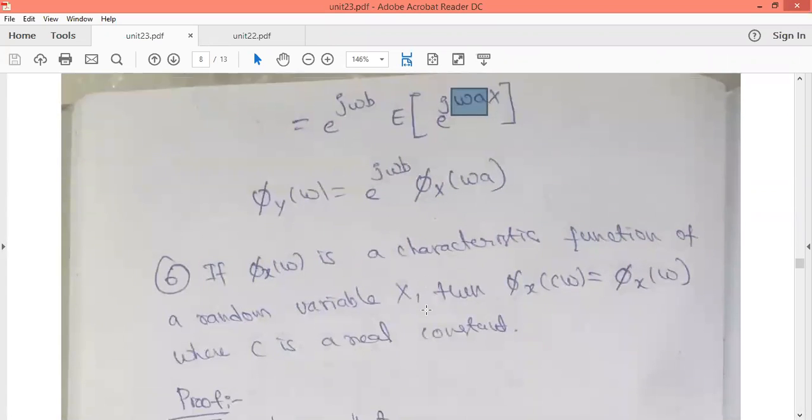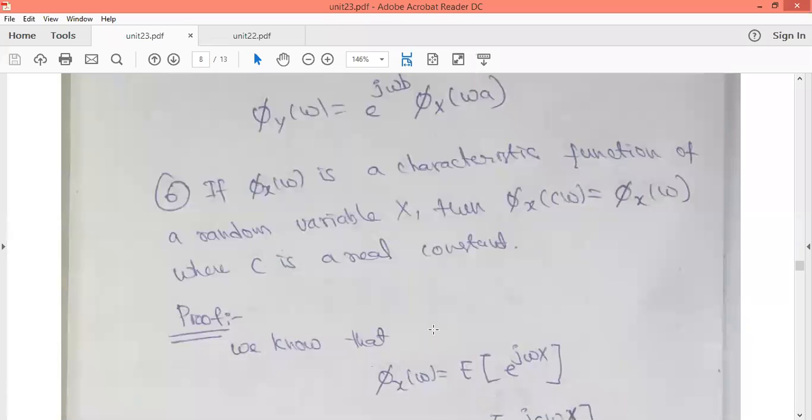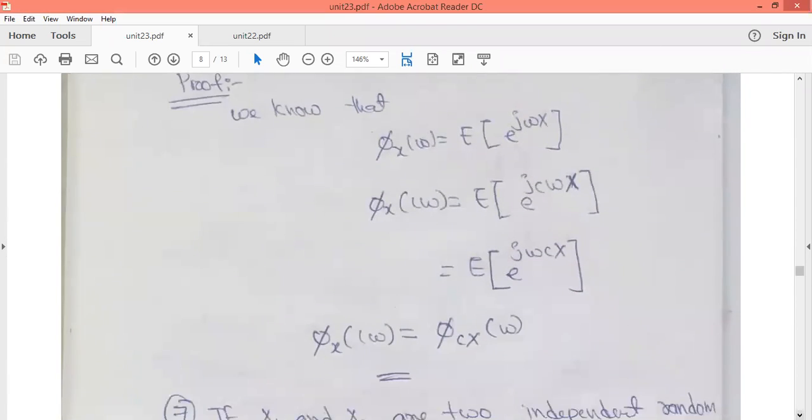Now we see the sixth property. If phi x of omega is the characteristic function of a random variable x, then phi x of c omega is equal to phi c x of omega, where c is a real constant. Let us see the proof of this property. Here we know that phi x of omega is the expectation of e power j omega x, yes or no?